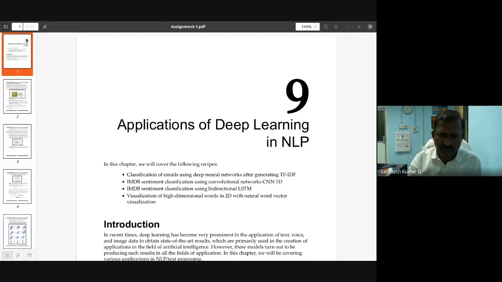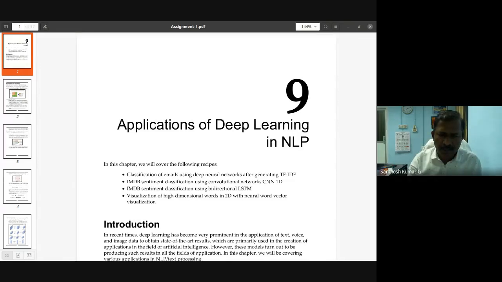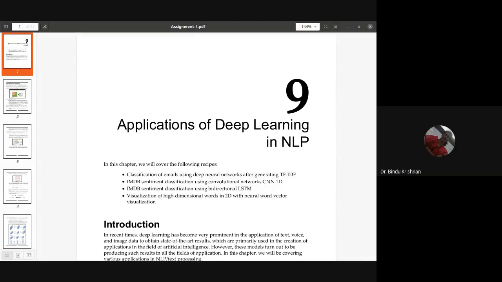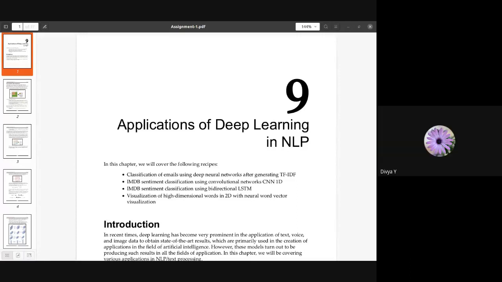Vikas, Simi, present, sir. Sandeep is not there. Sanila, present, sir. Divya is there, right? Present, sir.